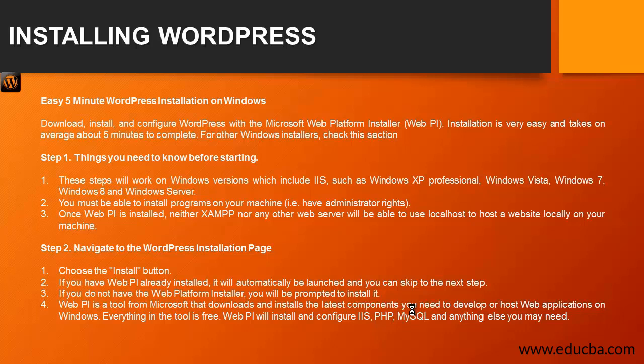WebPI is a tool from Microsoft that downloads and installs the latest components you need to develop or web host applications on Windows. Everything in the tool is free. WebPI will install and configure IIS, PHP, MySQL and anything else you may need.